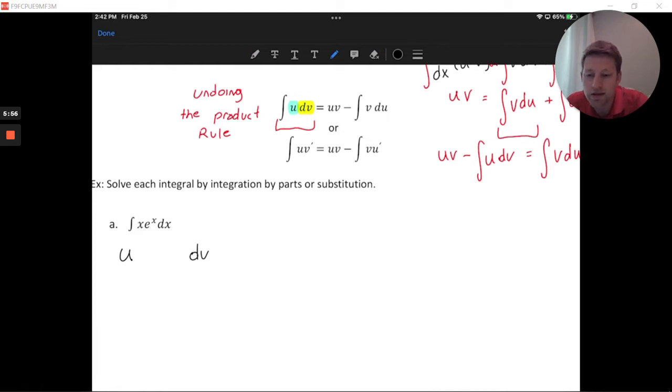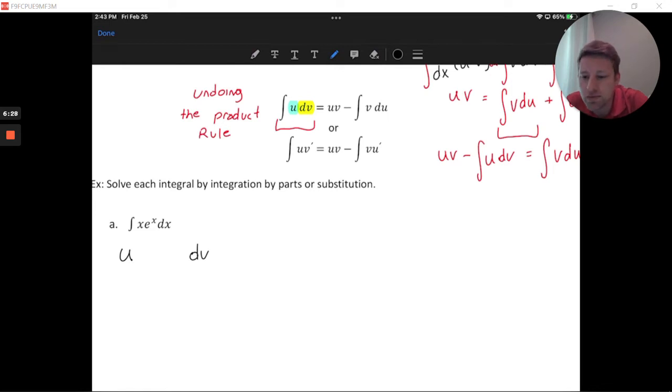So some tips for what is a good u function and what is a dv function: I want a u function that I can take a derivative of, and I want that derivative to be simplified or a simpler function to work with. I want a dv that possibly has an antiderivative that also simplifies if possible.